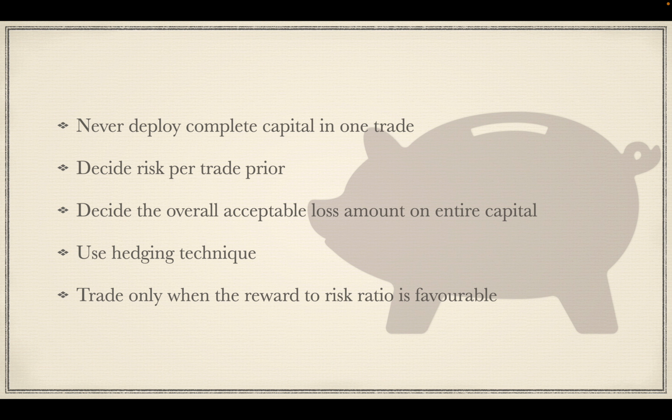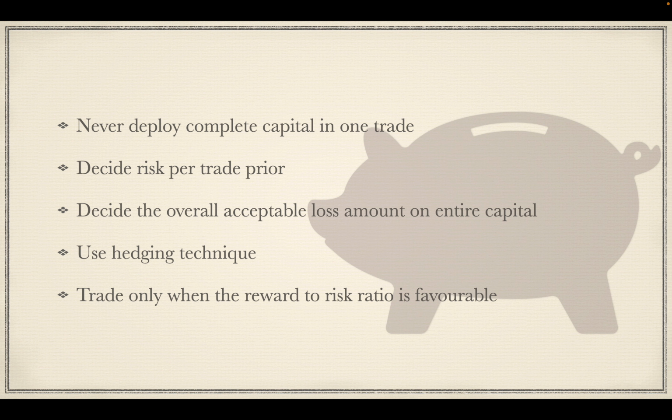You have to decide the overall acceptable loss amount on your entire capital. You have to make sure that your trade loss should not go beyond that limit. You can always use hedging techniques so that your risk is minimized. Hedging techniques are available in different option strategies that you all very well know.